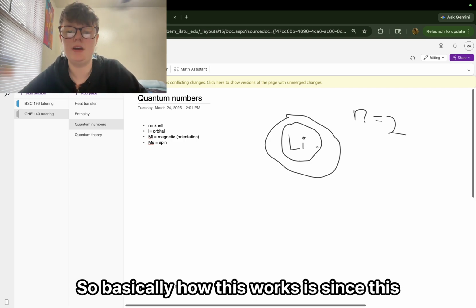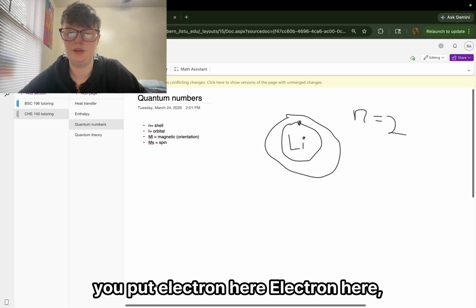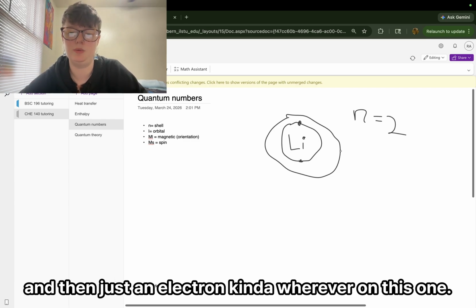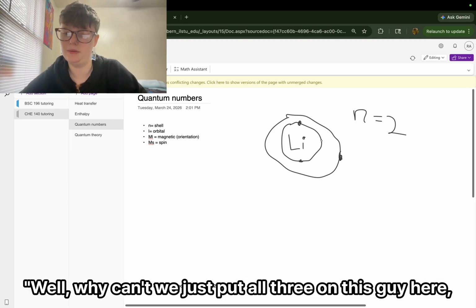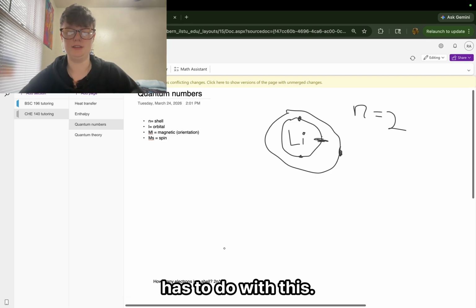Since this is the nucleus here, you put an electron here, and then an electron on this outer one. Now you might be wondering, why can't we just put all 3 on the inner shell? The reason for that has to do with this.